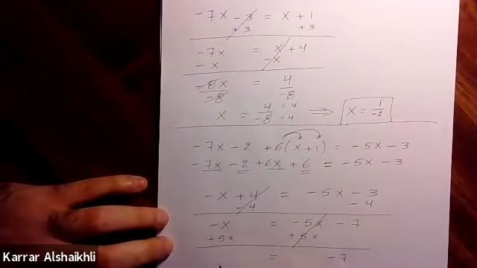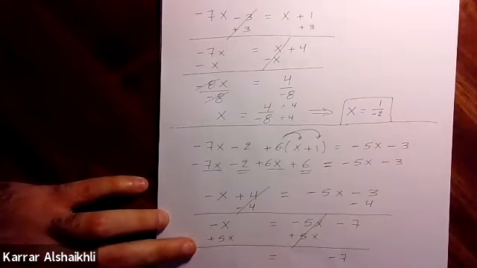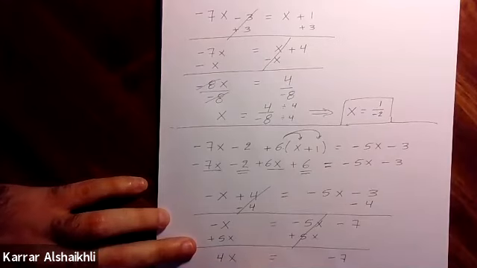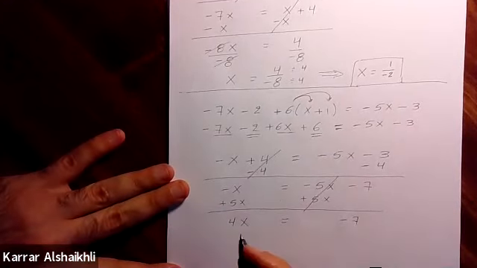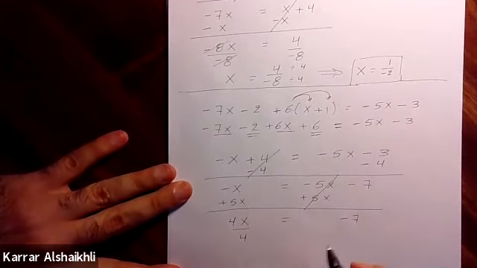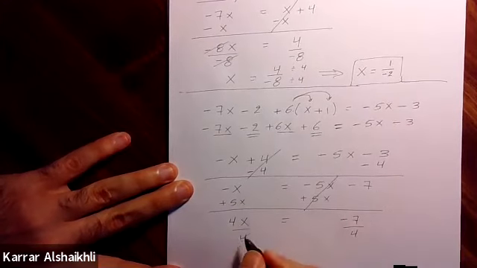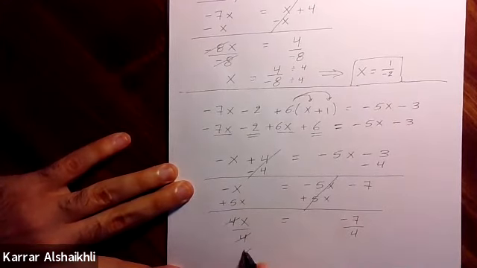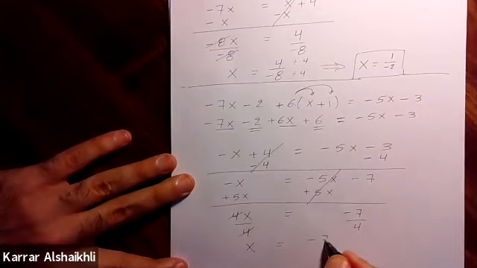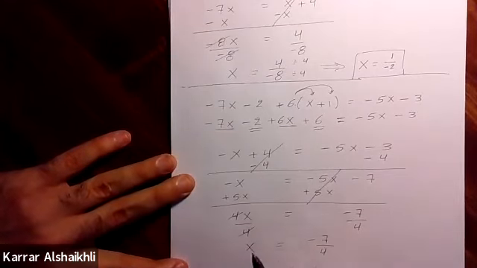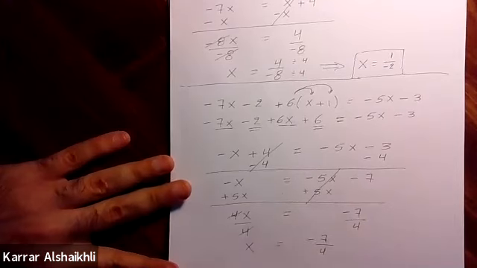Here is the equal sign, and from this side, negative 1x plus 5x is going to be 4x. The last step, I need to find the value of x. So I'm going to divide both sides by 4. Cancel the 4 here. So it's going to be x equals negative 7 over 4. This is the solution for this example.